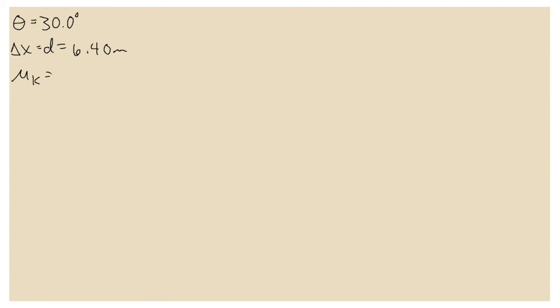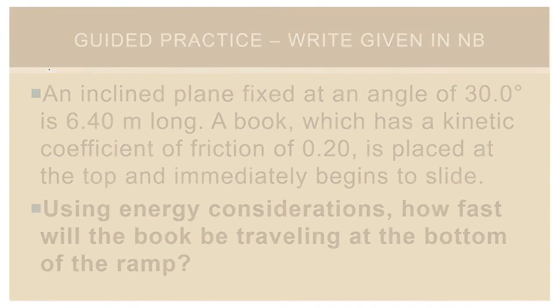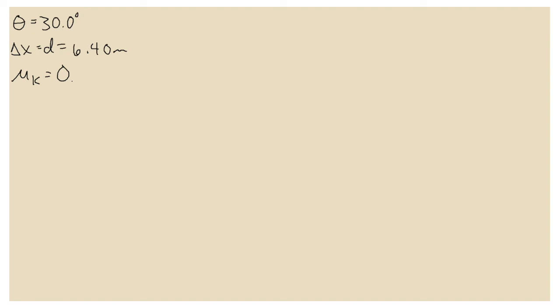They've told me the coefficient of kinetic friction for this book is 0.20. Those are actually usually only given to 2 digits. And obviously here, or it should be obvious, I'm going to need g, 9.8 meters per second squared. And they're asking me for the final speed of the book.